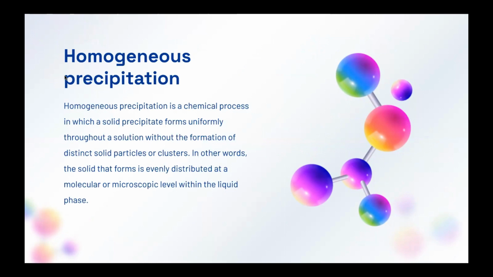So I'm going to be talking about homogeneous precipitation. So what are those? Homogeneous precipitation is a chemical process in which a solid precipitate forms uniformly throughout the solution without the formation of distinct solid particles or clusters. In other words, the solid it forms is evenly distributed at a molecular or microscopic level within the liquid phase.